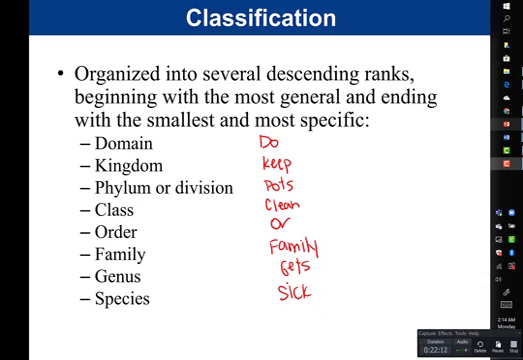One of the things that you're going to figure out is that having these mnemonic devices, these ways to help you remember things, is going to make it a lot easier on yourself. It's a lot easier to remember do keep pots clean or family gets sick than it is to remember specifically domain, kingdom, phylum, class, order, etc. So throughout the semester, you'll see that I will try and give you as many mnemonic devices or ways to remember things.